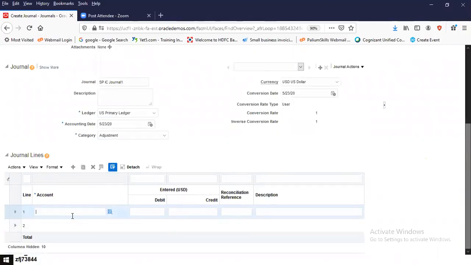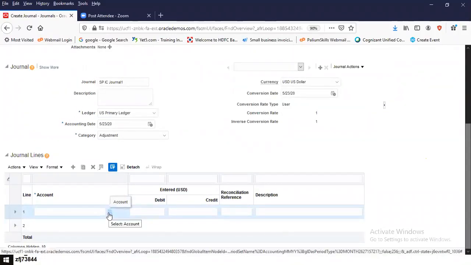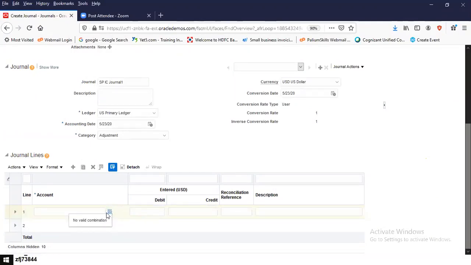Now, if you remember, our company was 101. So we will have an entry for any other entity and 101.